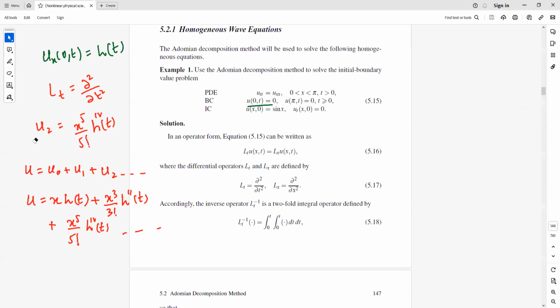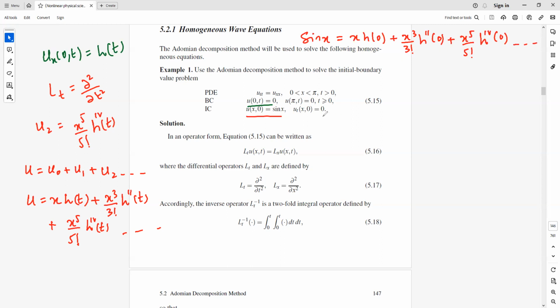Now the initial condition is u_x(0) equals sine x. This gives sine x equals x h(0) plus x cubed over 3 factorial h double prime of 0 plus x to the power 5 over 5 factorial times the fourth derivative of h at t equals 0, and so on.